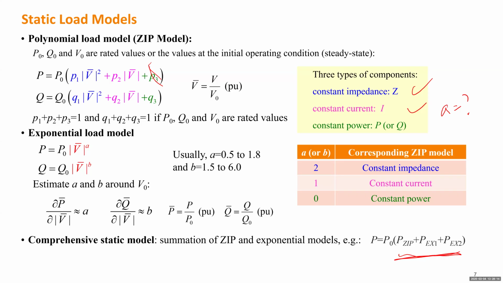Which means you do need to introduce more parameters. For the ZIP component, you introduce 2 parameters at minimum. And for the 2 exponential components, you also need another 2 parameters, 1 for each exponent. So finally, you have at least 4 parameters to characterize this load model, which can give you a better representation.